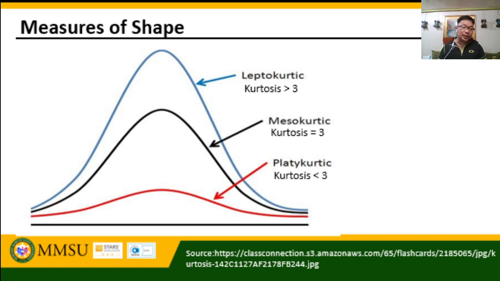So, leptokurtic, wherein your kurtosis is greater than 3, the distribution is longer and tails are fatter. Okay? Peak is higher and sharper than mesokurtic, which means that data are heavy-tailed or profusion of outliers.